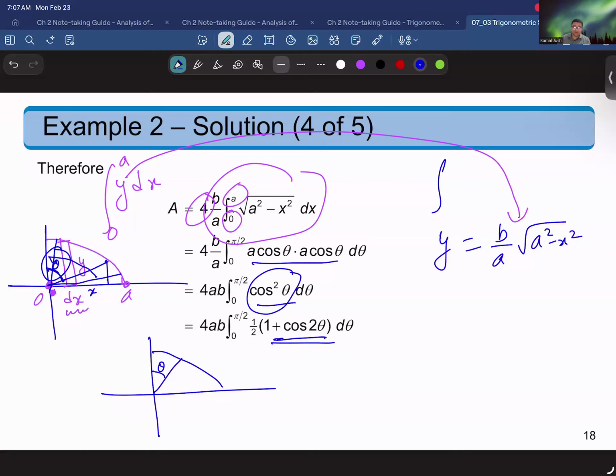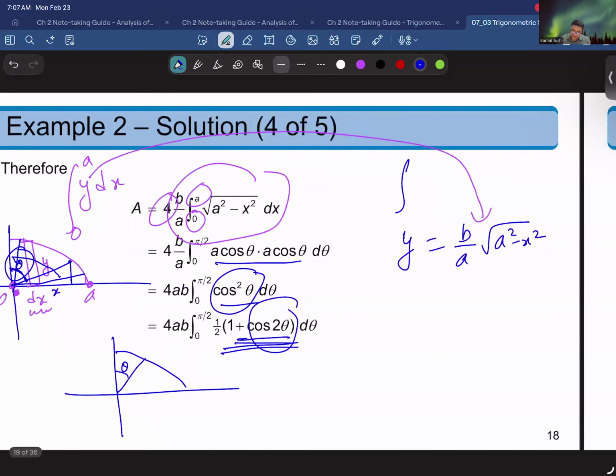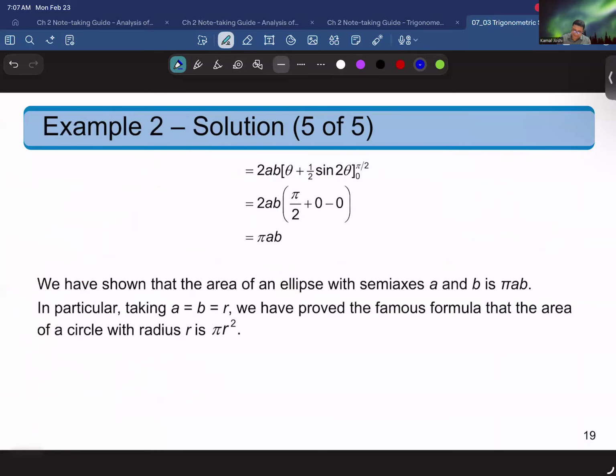If it is just an even power of cos, with no odd power of cos or sine, then you use the half angle formula, converting cos square to 1 plus cos 2 theta over 2, and then you can do the integral. Substitute, and you get pi ab, which is the area of the ellipse. And when a equals b, we get pi a square, which is the area of the circle that we know, right? And that's explained here.